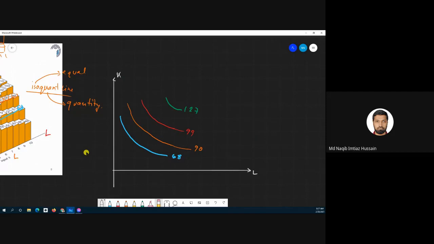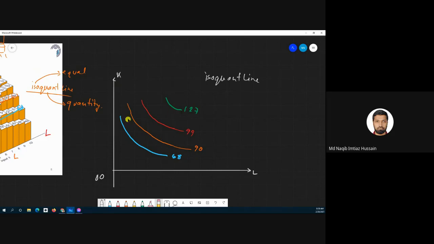So these lines are known as isoquant lines. Okay, কারণ আইসোকন্ট লাইনের মধ্যে এই লাইনের গ্রিন লাইনের আউটপুট সবচেয়ে বেশি, 68 সবচেয়ে কম। And you see this is the origin 00, right? অরিজিন থেকে যত দূরে যাচ্ছ তত হচ্ছে আইসোকন্টের আউটপুটের ভ্যালু বেশি। Output is higher when you further move away from the origin.